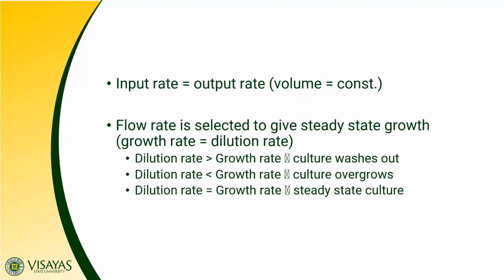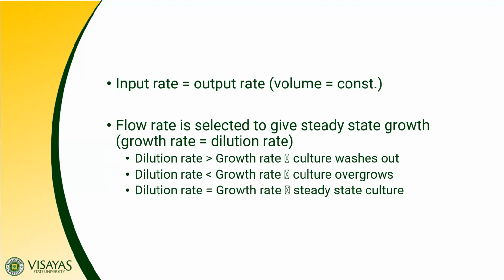When the dilution rate is greater than the growth rate, the dilution rate being the rate at which unused nutrients and cells are removed, the culture washes out, meaning more cells are removed from the fermentation.